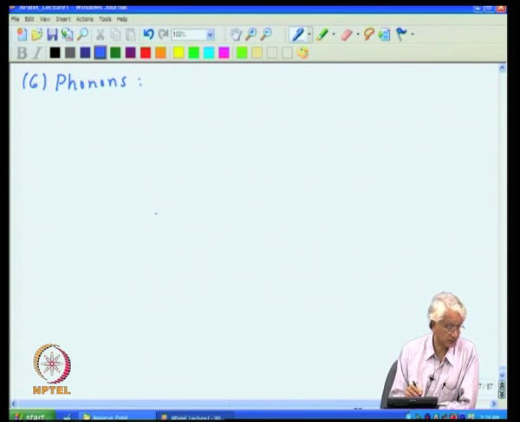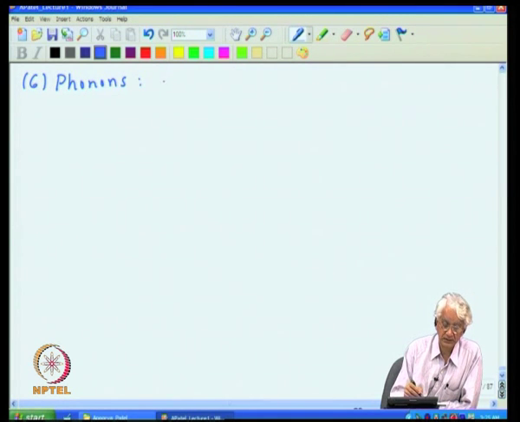The distances are not going to remain equally spaced lattice points. There will be certain movements, and they will contribute to the dynamics of the transport properties as well.